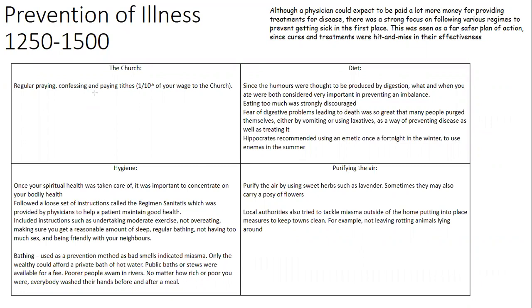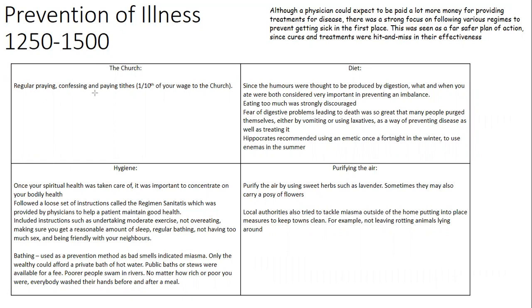Because the humours were thought to be in balance with digestion, when you eat and what you eat were very important. You were told not to eat too much. So because of the fear of digestive problems, people would purge on average once a fortnight by vomiting or using laxatives. So even if they weren't sick, they'd purge fortnightly. As it says there, Hippocrates recommended using an emetic once a fortnight to purge your digestive system to prevent yourself from getting sick.